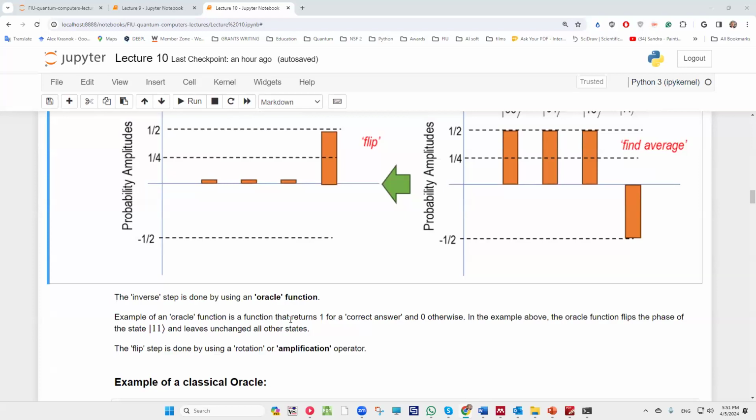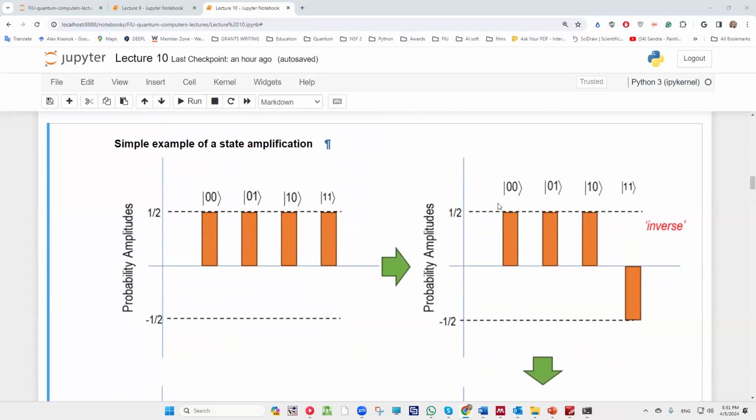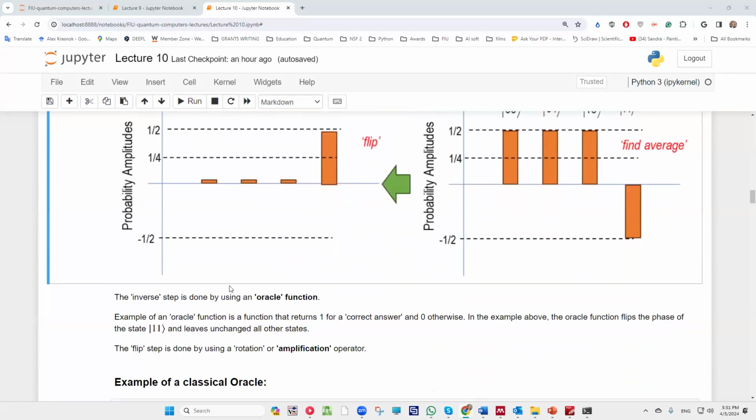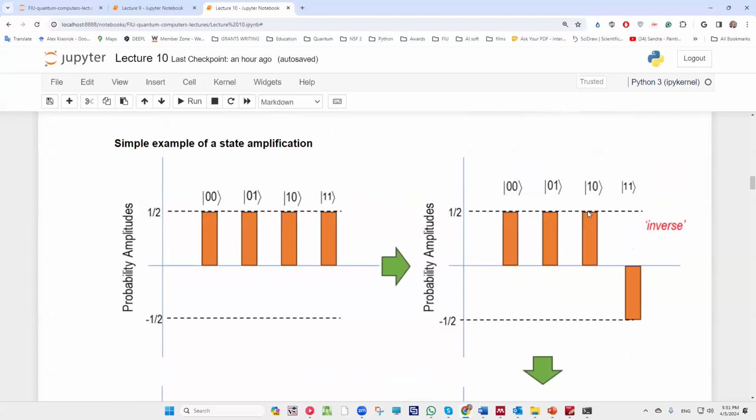So now a little bit about terminology. This first operator, which conducts this inversion, is called the oracle function or oracle operator. Why? Because the oracle function is designed in a way to flip the state of interest.